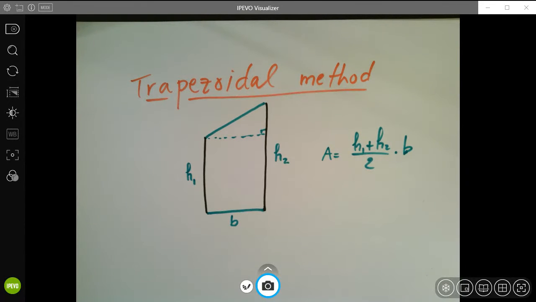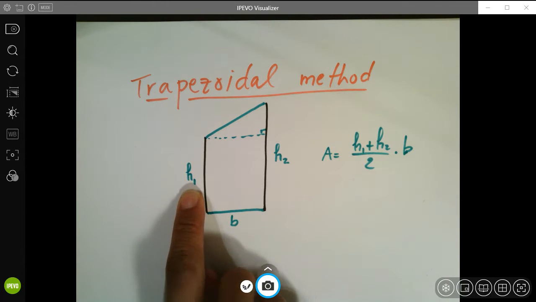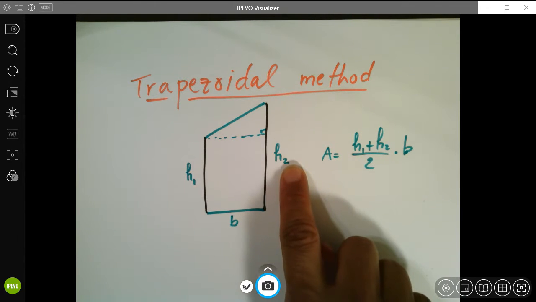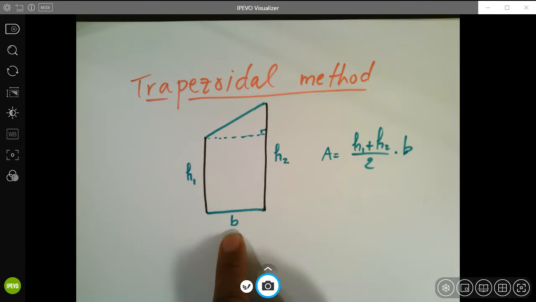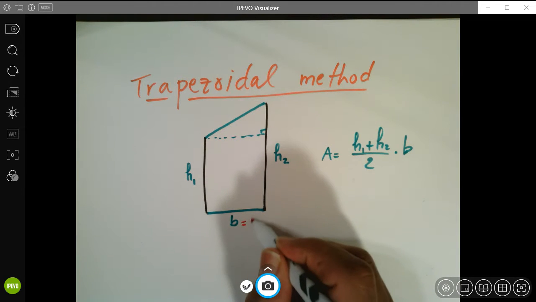Now, what happens if we have a function? This one will be f of x_{i-1}, and this is f of x_i, and this one usually is delta x.